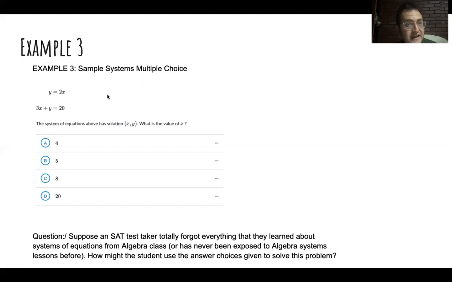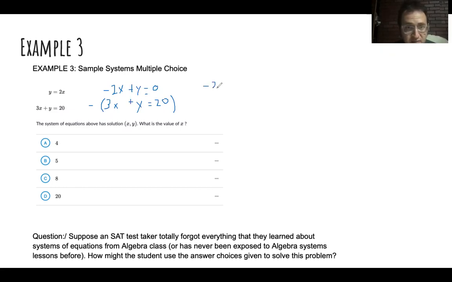But if we did, let's say, negative 2x plus y equals 0, so I just moved the x over to the other side, and then I had 3x plus y equals 20. If I actually just multiply that by a negative, I could get those y's to eliminate really nicely.